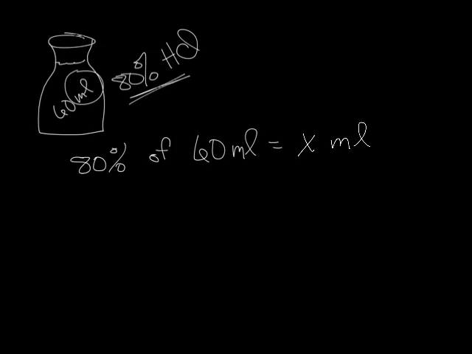And I'm just going to put milliliters there so I know that I'm looking for a liquid measure here. So I just looked at the story problem and came up with that. 80% of the 60 milliliters is what I'm looking for.